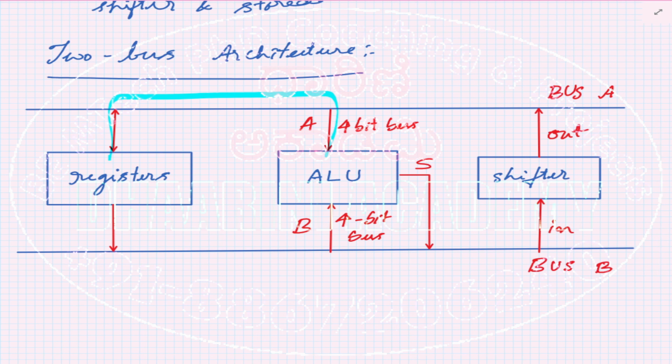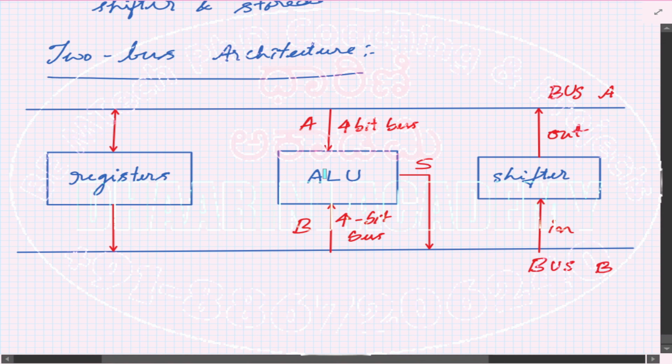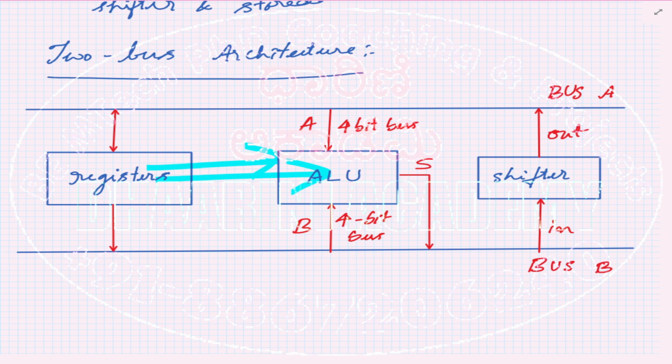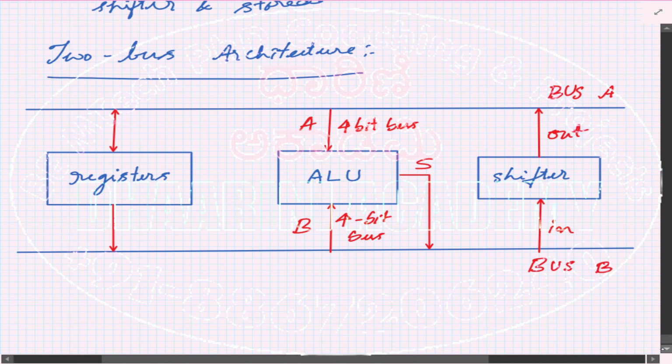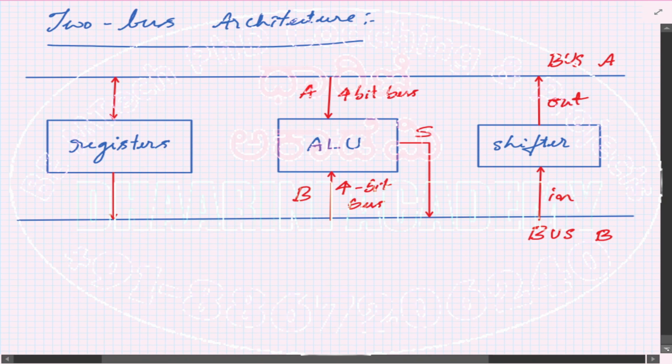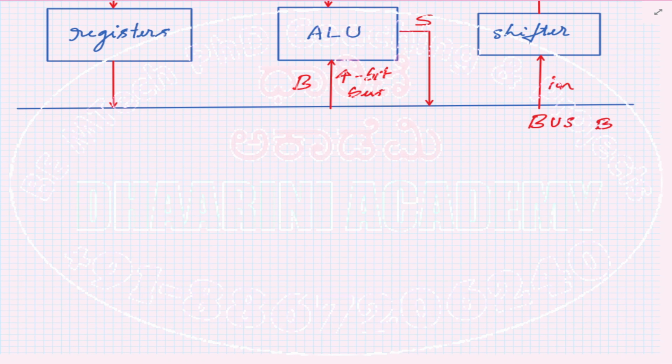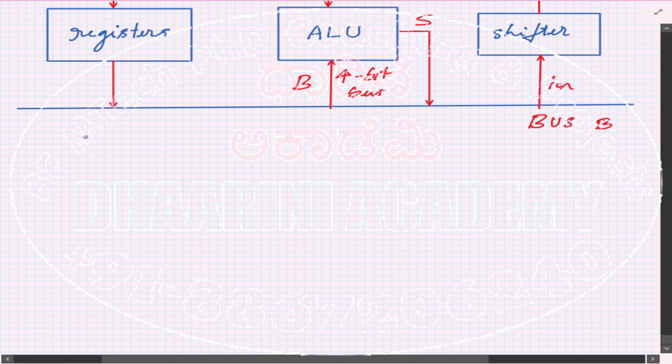When you consider the previous one bus architecture, one operand will come, it will get stored, then the second operand will come. You see that there is a delay in reading the two operands in case of a one bus architecture, but that has been eliminated here because you are using two different buses.